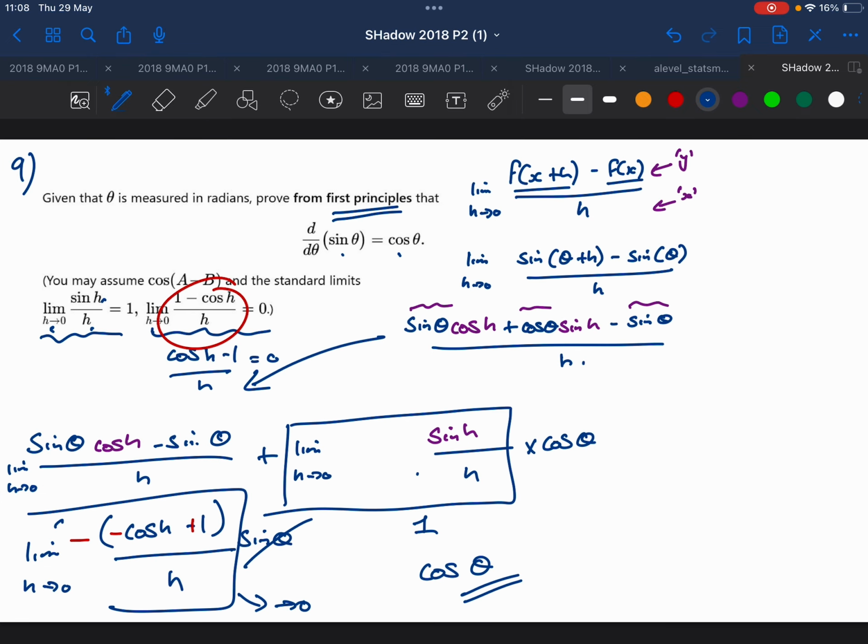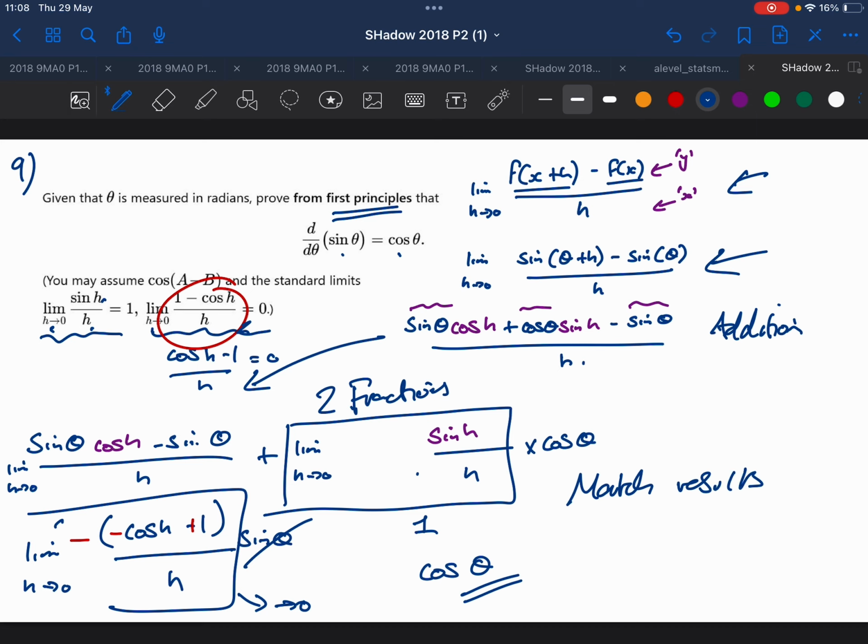I made a little bit of a jump there just because it gave it to us in a slightly unusual way here. But the general steps are as follows. You write your formula, and you substitute in the actual function that you've got. For this one, we want to use the addition rule. After we use the addition rule, we want to make 2 fractions. And then after we have those 2 fractions, we need to make it match the results as in the question, which you do not need to prove.